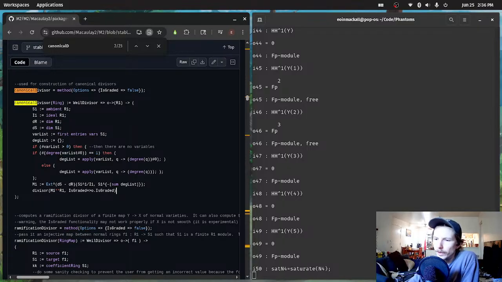So I don't know what raising this ring to this power is supposed to do, for one. Summing the elements inside the degree list. So it's taking just those elements generating the ideal and summing their degrees, which is hard to believe that that's what is going to end up computing this canonical divisor, I guess.